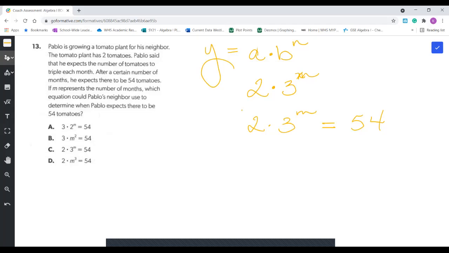We made it already. Boom, answer choice C. 2 represents the first 2 tomatoes, 3 is the growth rate from month to month, and 54 is the total number of tomatoes Pablo expects after a certain number of months.